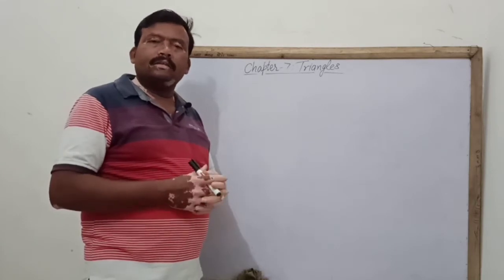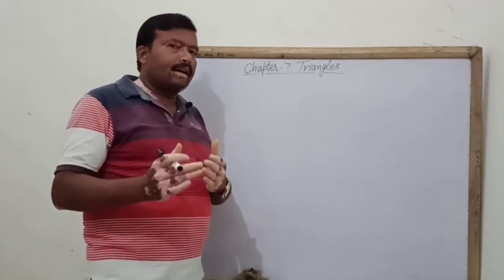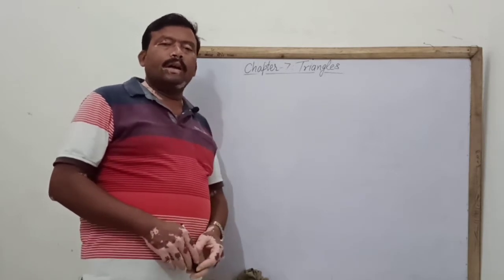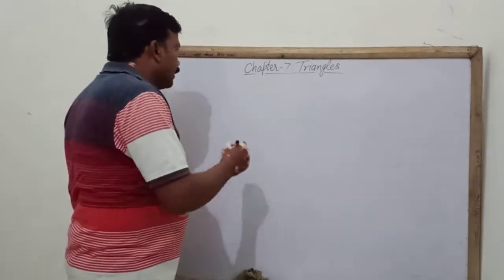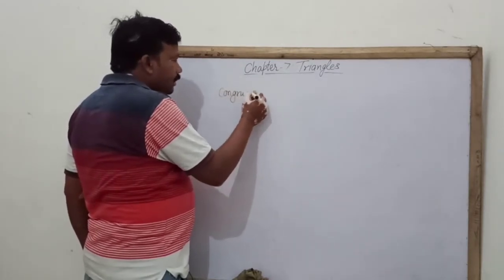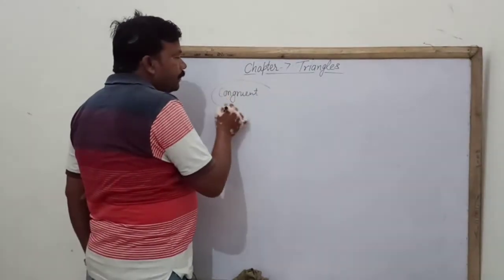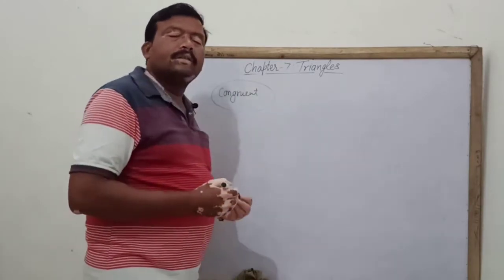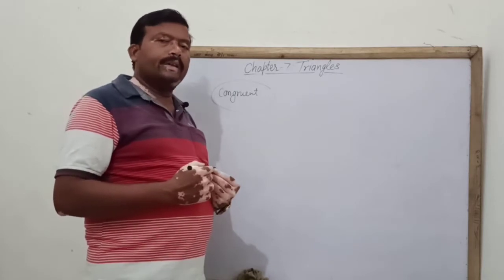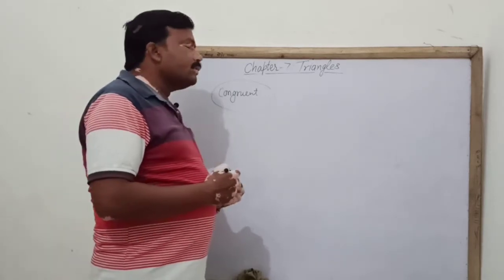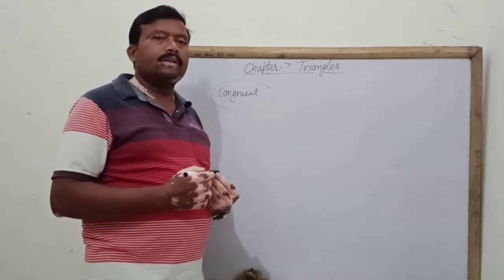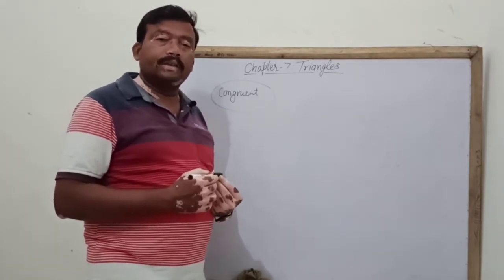What are they called? They are called congruent. Congruent figures, congruent things. So now we will study congruence of triangles.